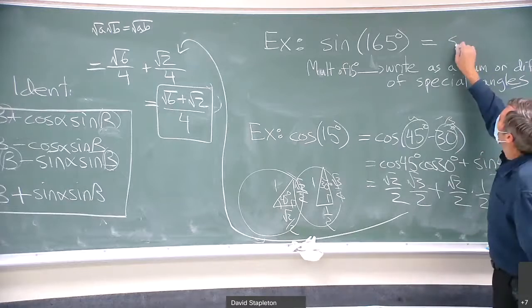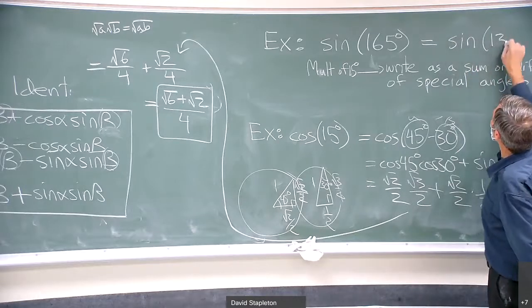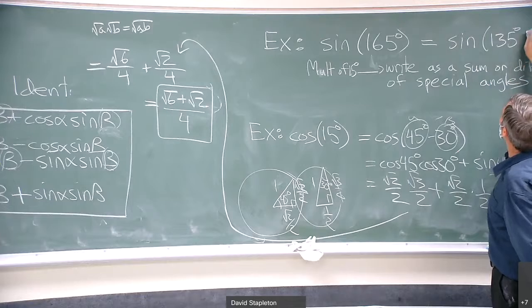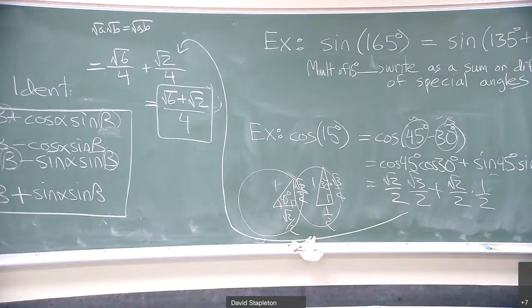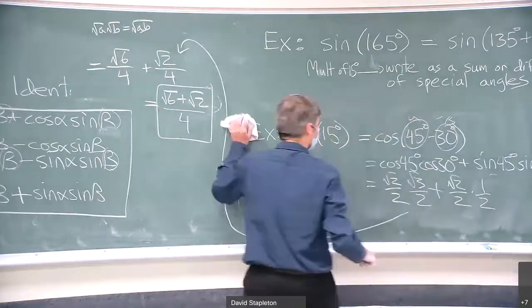Okay, let's do that. Sine of 135 degrees, which is a special angle, plus 30 degrees. This time I'll use a sum formula for sine instead of a difference formula for cosine. Erase this one.